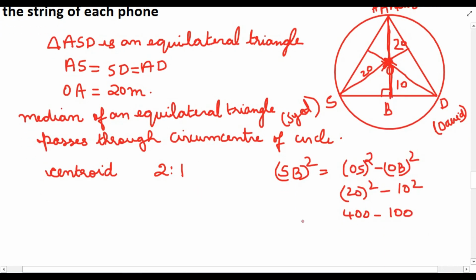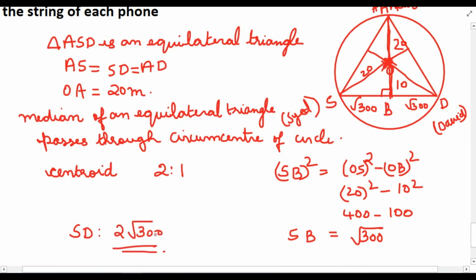So SB is root 300. The perpendicular drawn from the center to the chord bisects the chord, so SD is 2 root 300. So the length of each string is 2 root 300.